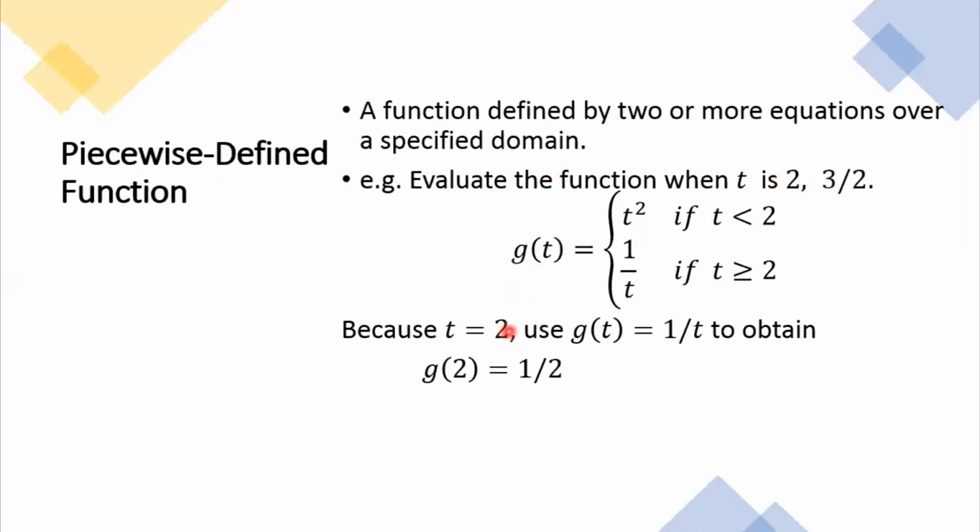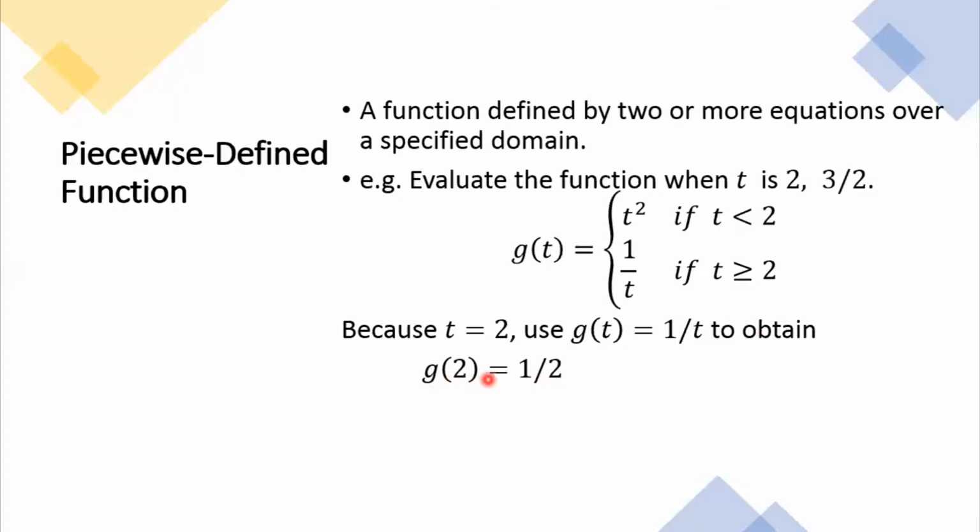Because t is equal to 2 and the condition is t greater than or equal to 2, we substitute t is equal to 2 to the corresponding expression. Since the corresponding expression is 1 over t, because it falls to this case that t is greater than or equal to 2, we just simply substitute 2 to this expression. So g of t in this case is equal to 1 over t. To obtain that, we have g of 2 is equal to 1 half.